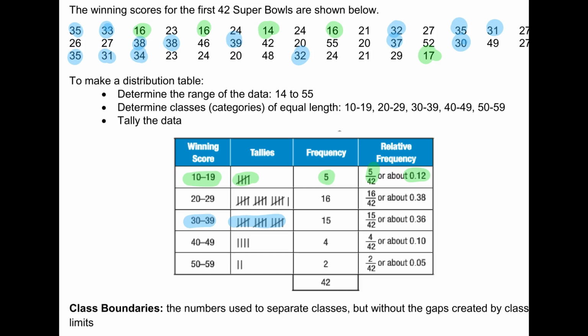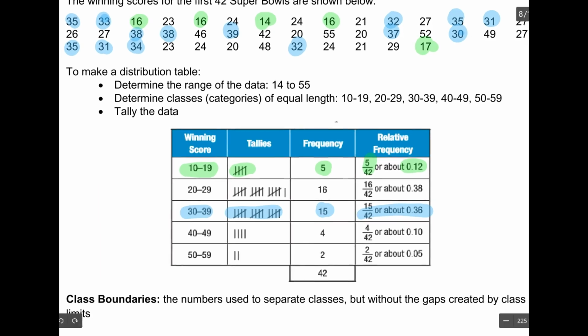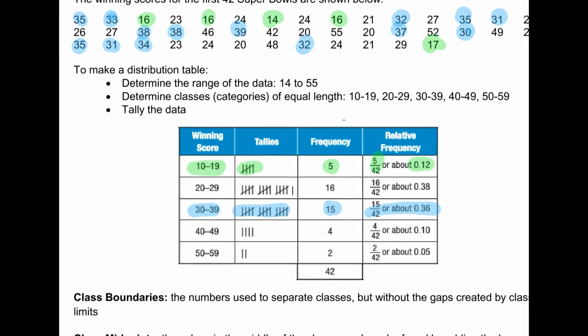Did I miss one? No. Okay. I think it's off a little bit, so it should be 14, not 15. But that's 36% of the time. A third of the time, the winning score is going to be between 30 and 39. I think they miscounted because 20 to 29 should be 17, and 30 to 39 should be 14. It's all right.